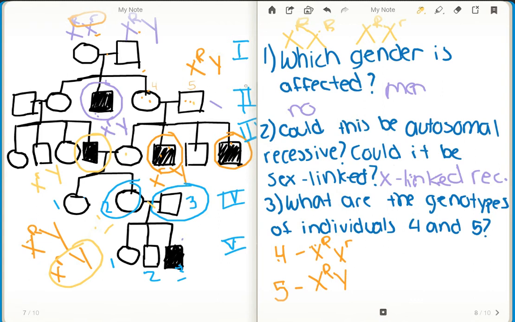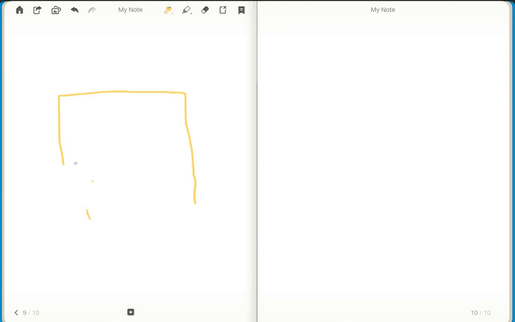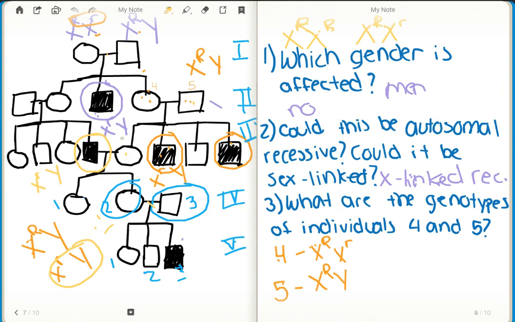So if we were to do the Punnett square, here I'll go to the next page. If I did the Punnett square, here we go. Let's remind ourselves what their parent was.